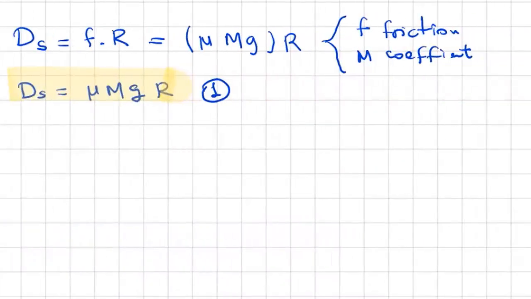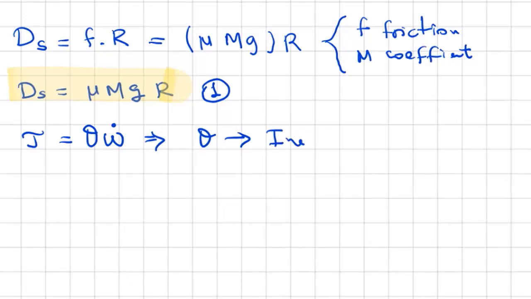But by definition, we also have the torque. The torque, ds, we will call this torque tau, by definition is theta omega dot. So what is theta? Theta is the moment of inertia, or the inertia of the body in this case. We call theta the inertia, and omega dot is the angular acceleration.